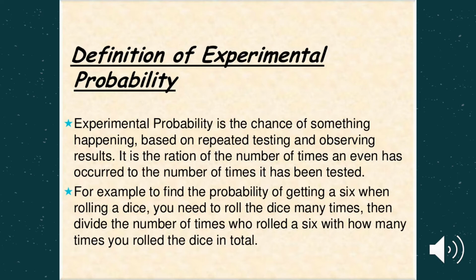Now we come to experimental probability. Experimental probability is the chance of something happening based on repeated testing and observing results. Like if I throw the coin 10 times and then check the result for head and the result for tail.